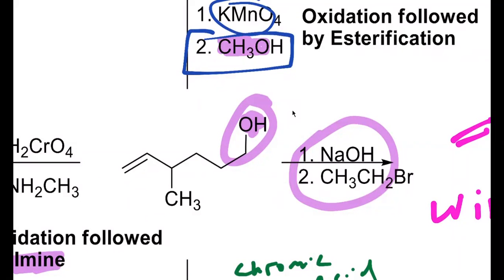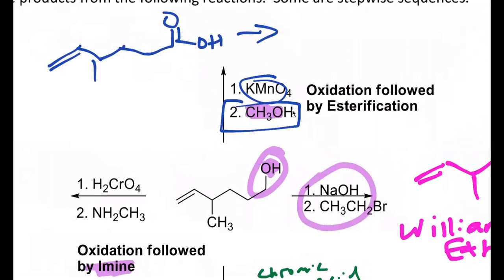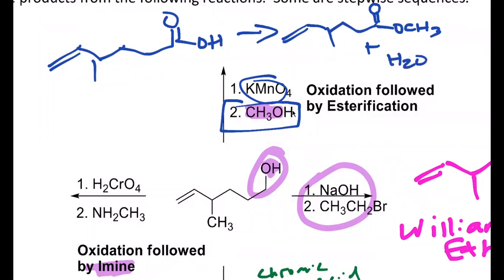But that's a good answer. So I take this acid and I end up with the ester plus water. So the potassium permanganate is the oxidation part, and then the alcohol part is the esterification.